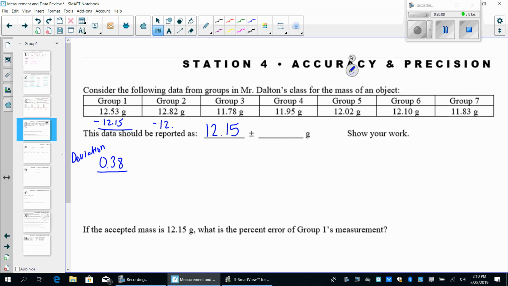You're doing the same thing here. This group deviated by 0.67. This group deviated by 0.37. This group by 0.20.